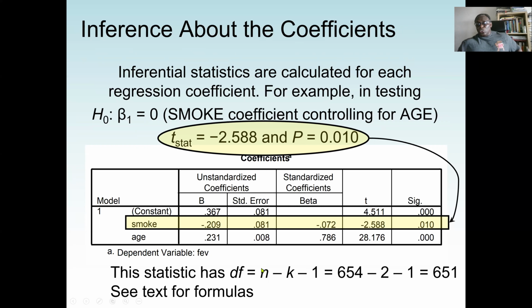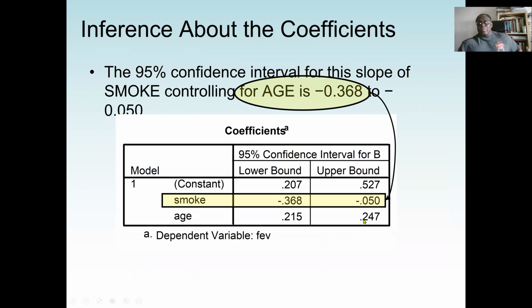So it will be n minus 2 minus 1, which is 654 minus 2 minus 1, giving me 651. Then for inference about the coefficient, using a 95% confidence interval for this slope, we get these values here. The lower bound is negative 0.368, the upper bound is negative 0.050. Both of them are negative values.